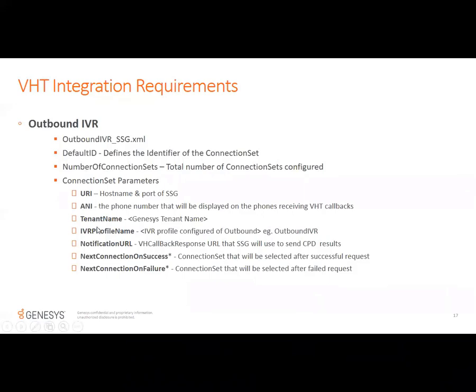The tenant name, that's the specific Genesys tenant name. Also the trunk group that SSG is using to facilitate the outbound ports. The IVR profile name, which in our case is the outbound IVR profile that we talked about previously. This is basically just the IVR profile that should be used when engaging GVP.